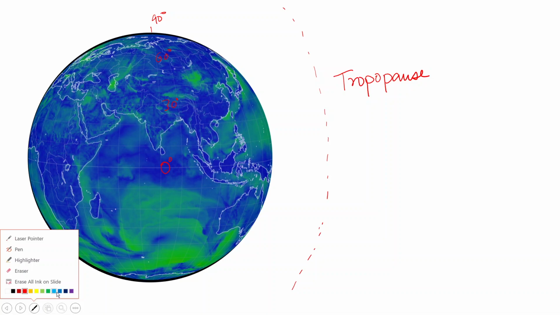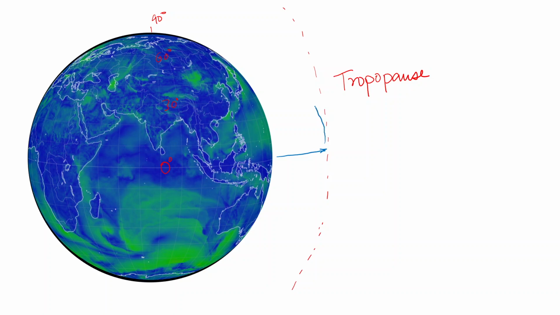All right. Now, as the air rises up from the equator, it hits the tropopause, diverges, and then sinks at 30° latitude and then comes back.